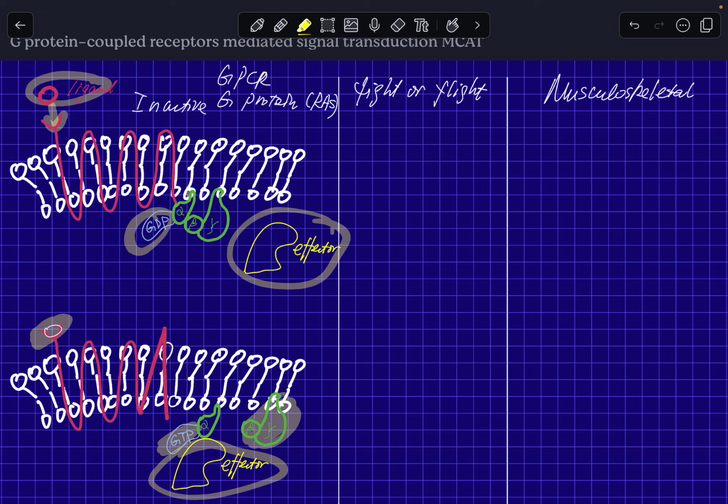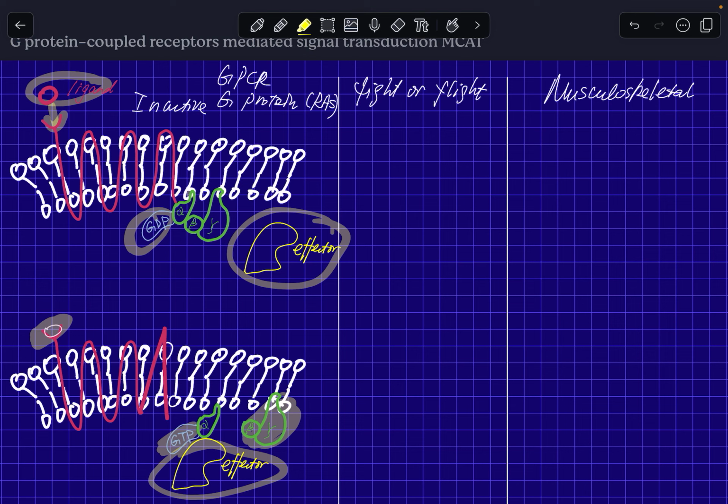So this is the big picture of how G protein coupled receptors mediate signal transduction. The ligand is the very first signal that comes from outside of the cell, and it binds to the surface of the cell, and then it causes the downstream cascade of biological events inside the cell.